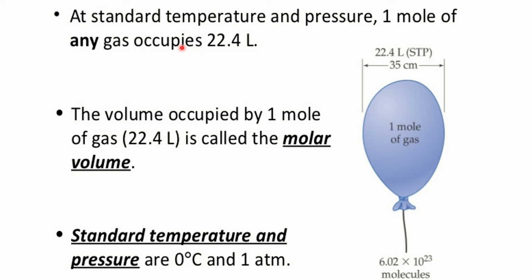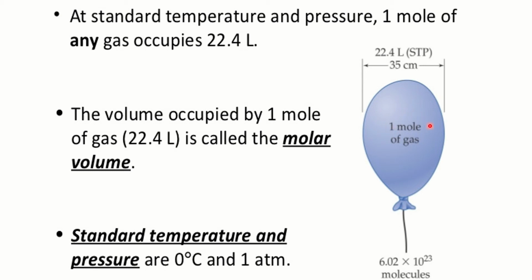At standard temperature and pressure, 1 mole of any gas occupies 22.4 liter. That is the molar volume of gas. That means molar volume of any gas at standard condition is 22.4 liter. Look, this is 1 mole of gas. This may be nitrogen, or it can be carbon dioxide or oxygen or methane also.